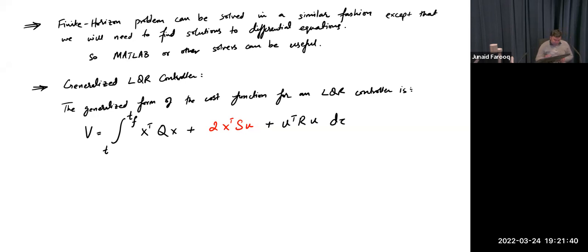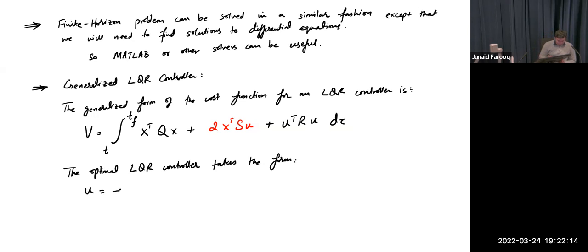Okay, so if you have this form of an LQR controller, then the optimal controller can still be obtained. So the optimal LQR controller takes the form u equals minus K hat x.